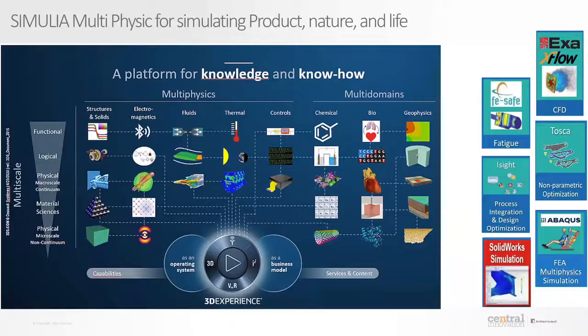To be specific, we have a variety of solutions ranging across multi-domain, multi-physics, starting from the SolidWorks solution, going to the Abaqus solution, advanced fatigue solutions, non-parametric optimization or geometry optimization, and pretty advanced flow field. We have the solution here, along with support and training.